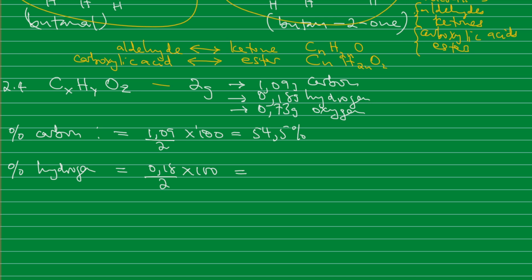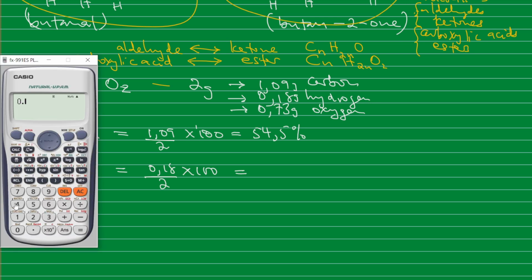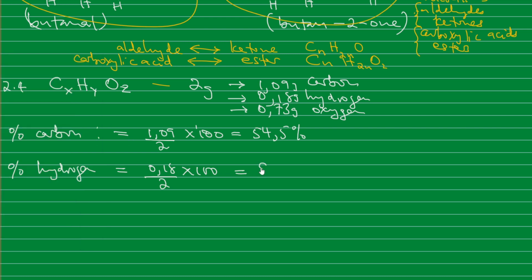So 0.18 over 2 and then multiplied by 100, that will give us 9%. That makes a reasonable answer.